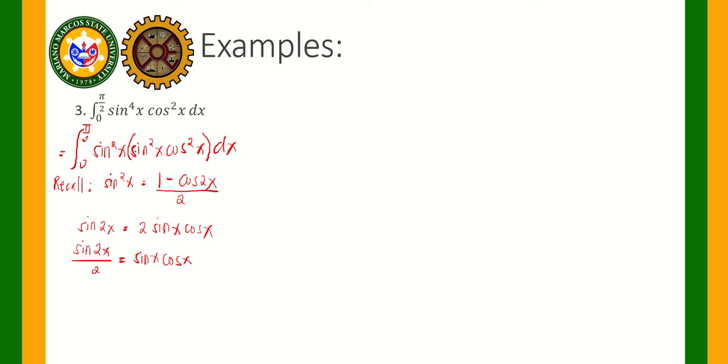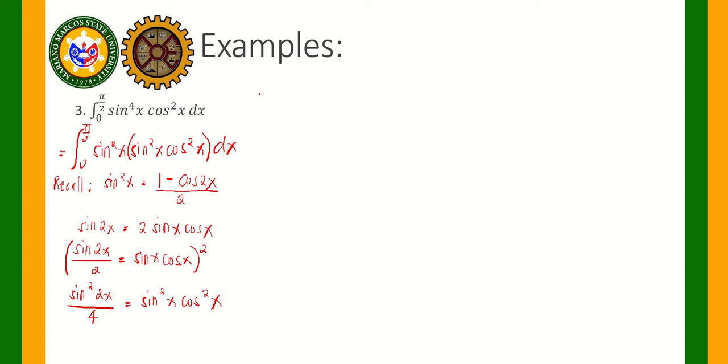So ang purpose natin is para matulad yung identity natin dito sa ating initial na function. So ang gagawin natin is to square both sides. So this will be equal to sine squared 2x over 4, which is equal to sine squared x cosine squared x.